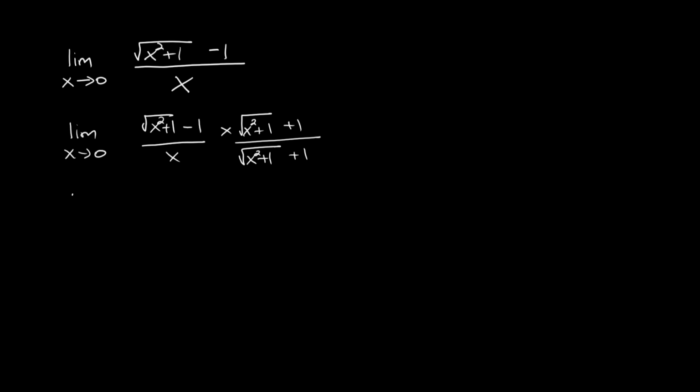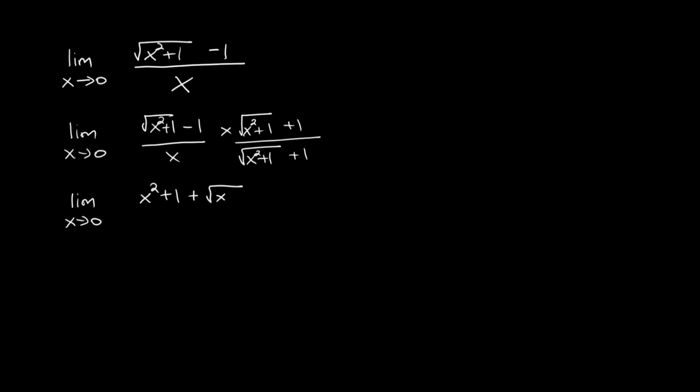And so this will become the limit as x approaches 0 of x squared plus 1. So the root of x squared plus 1 multiplied by the root of x squared plus 1 would just be x squared plus 1, as the two square roots would cancel. Then we would have plus 1 multiplied by the root of x squared plus 1.